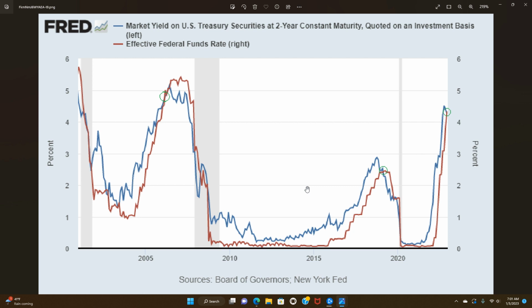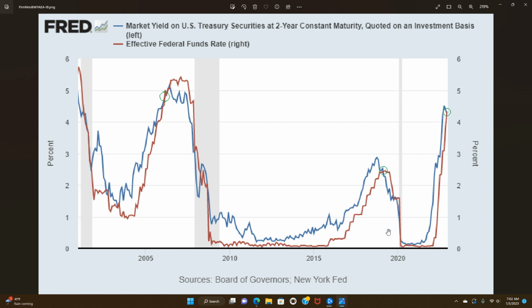I just want to focus everybody's attention on that because generally whenever the federal funds rate rises above the yields offered by U.S. Treasury securities, that's the top of your interest rate hiking cycle right there. Historically, you can see that in 2006, 2017, 2018, 2019. So this area right here, this area right here.